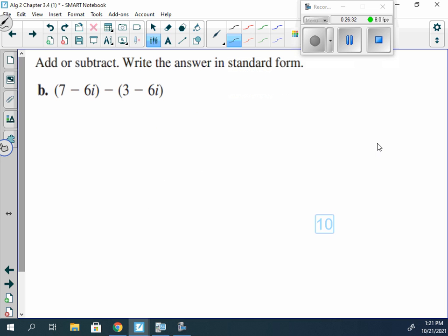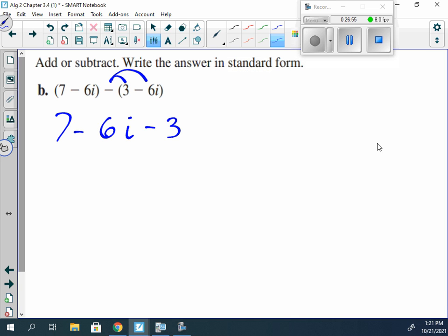Okay, next page. 7 minus 6i minus 3 minus 6i. Well, the 7 minus 6i, we can drop the parentheses because there's not any sign in front of them. But the 3 minus 6i, we do have to apply the negative through. So the 3 would be minus 3.